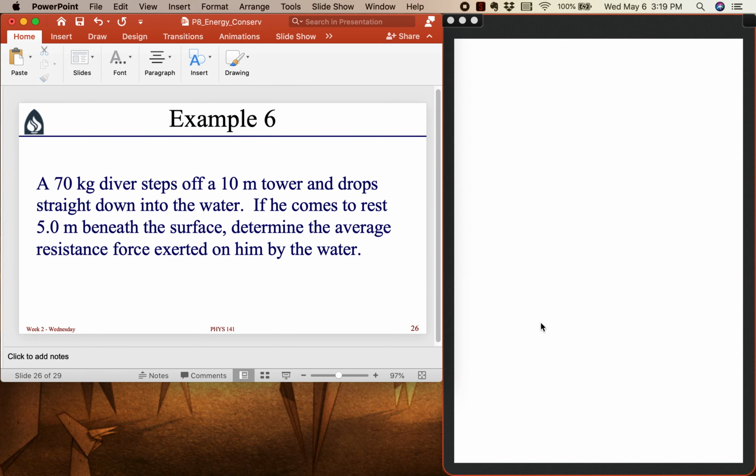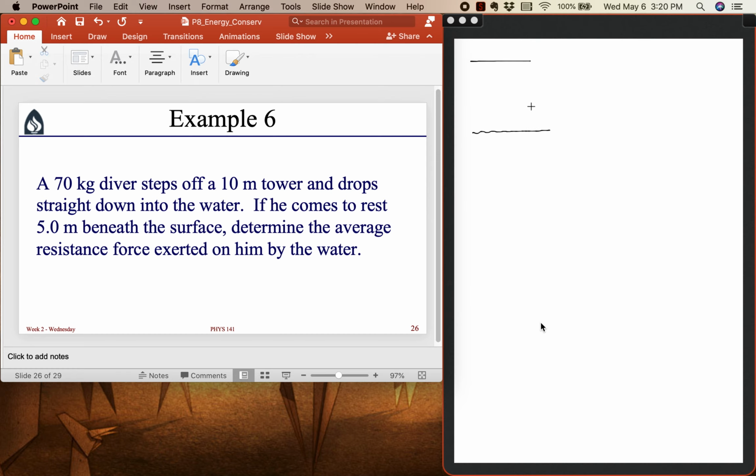So let's draw a picture showing the different parts of the motion. So first off, the diver starts on a diving board, and the diving board is above the surface of the water. So here's the diving board, and then here is the surface of the water.